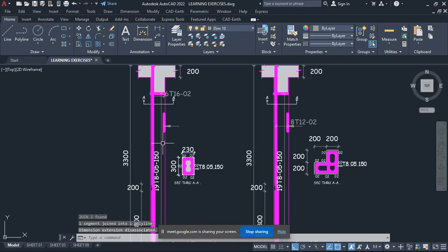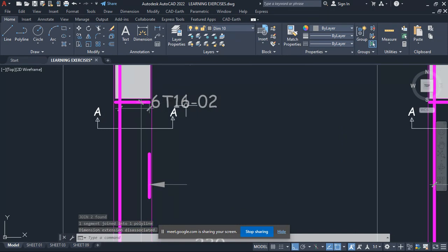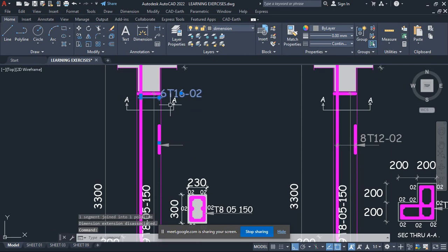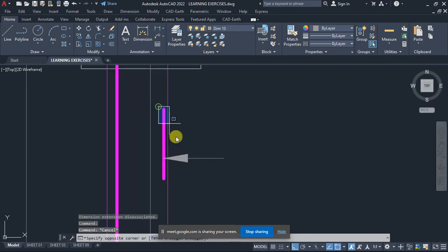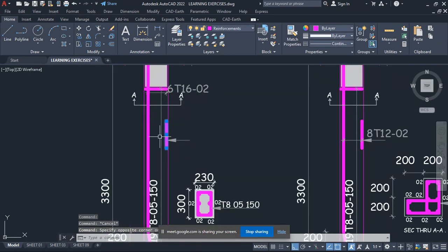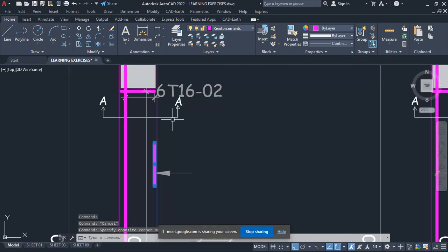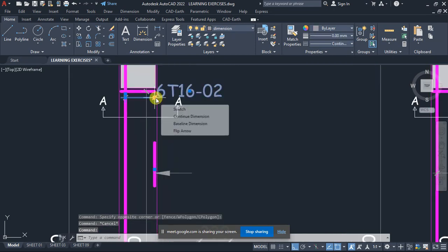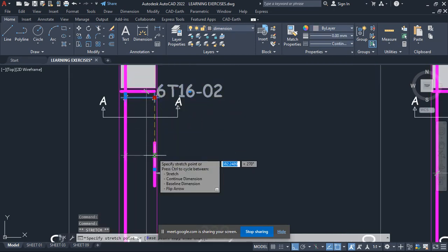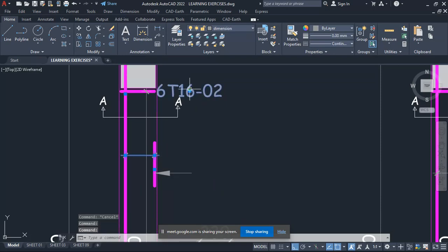So then you can see it is 6T16, bar mark 2. This one here shows that the bar is also, what is here is the same as what is here. But I didn't want to draw it, just to have the work look neat.